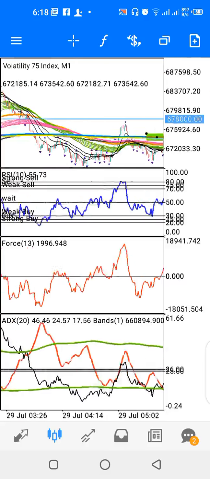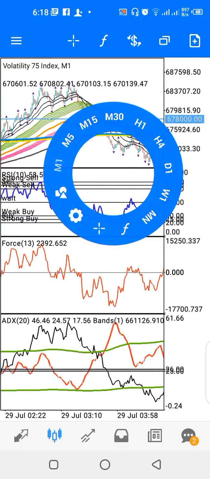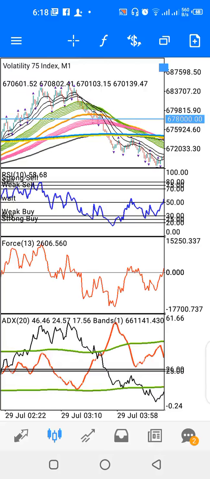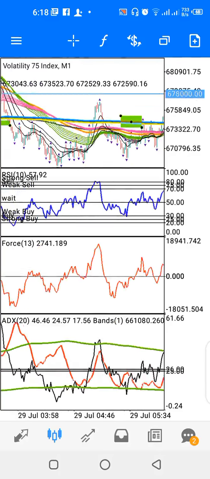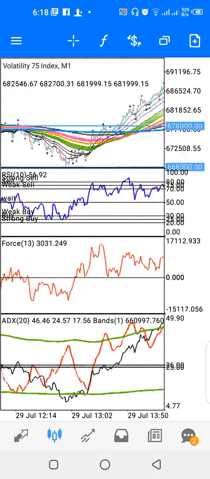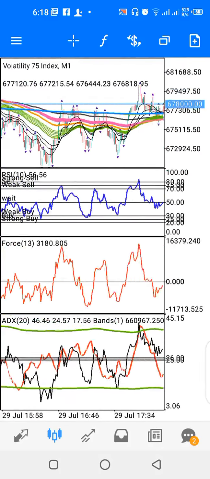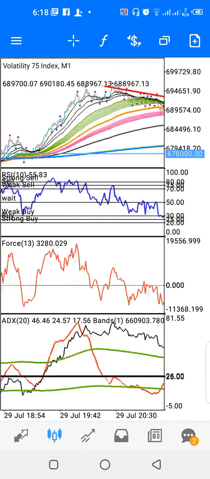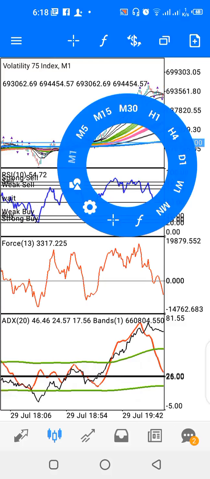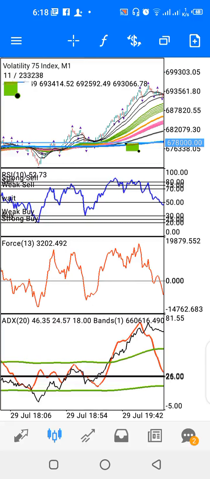You have all other moving averages ranging around the trend moving average. You can see, at some point all moving averages will go down below the trend, but at this point all moving averages went up above the trend, so you can scalp buy at this point.